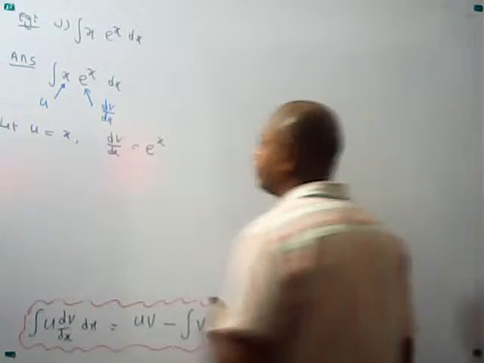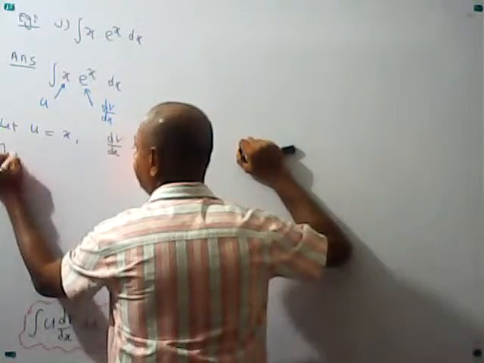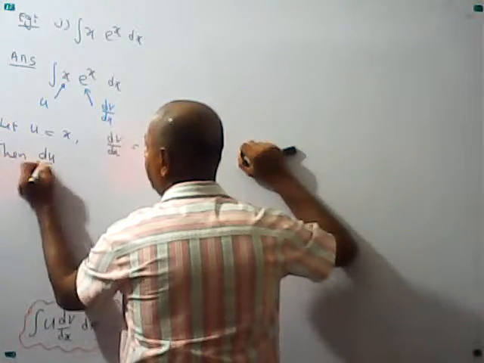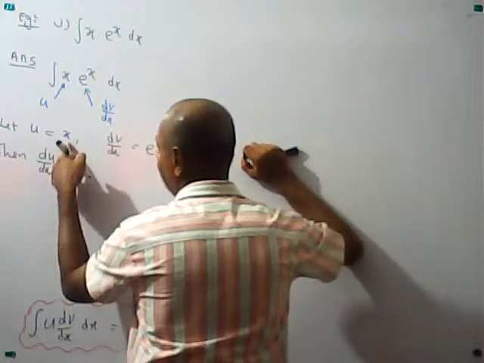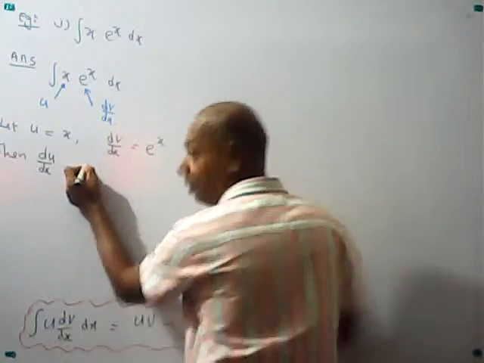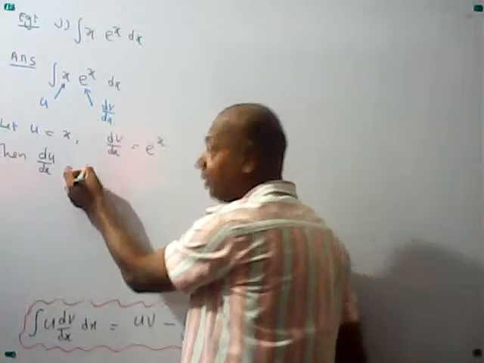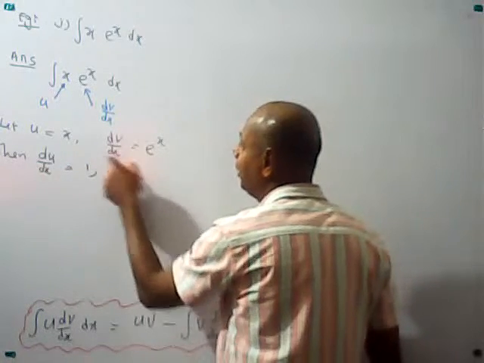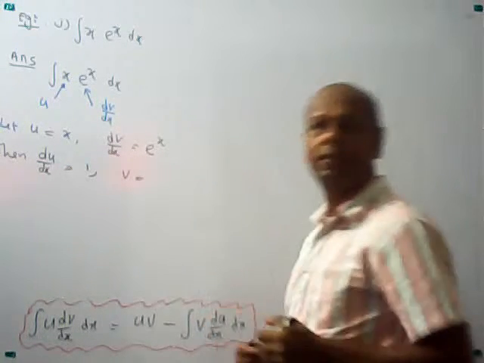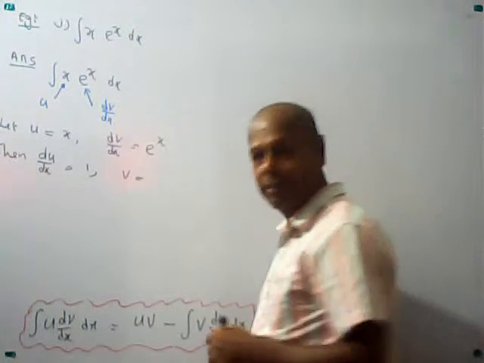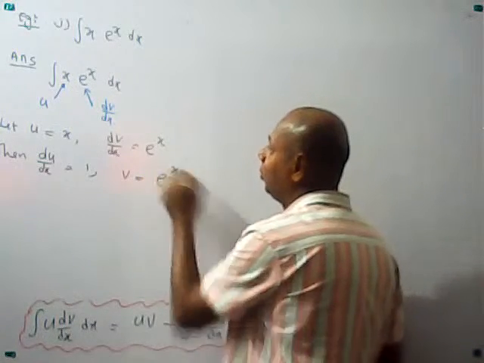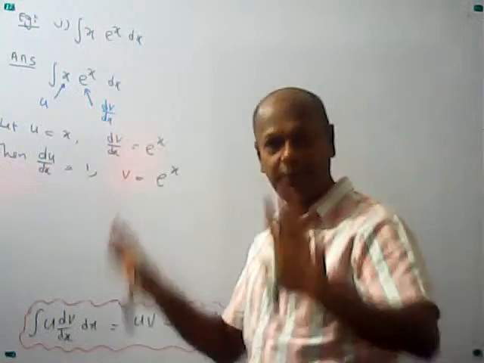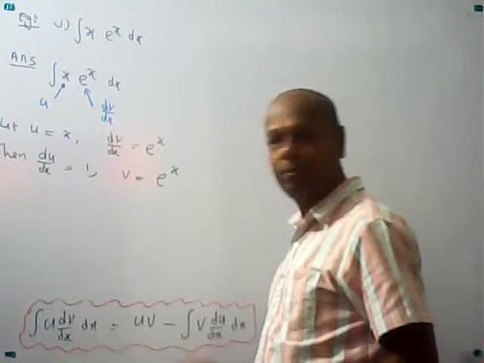Then du by dx is equal to, differentiating x, 1. And v is equal to the integral of e^x, which is e^x. Okay. Now we have everything we need. Just write down the formula and substitute.